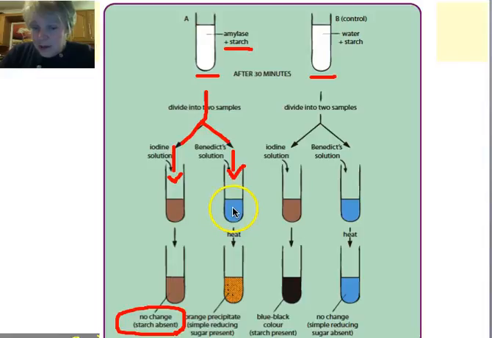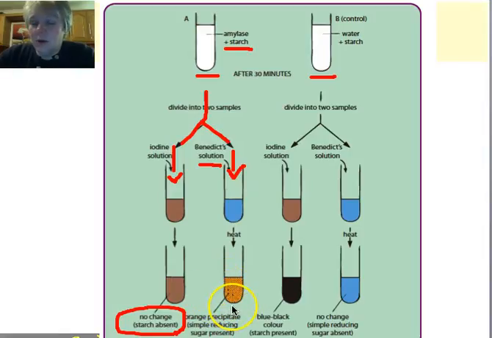In this experiment here though, it's using Benedict solution. Now Benedict solution tests for the presence of something called a reducing sugar. That's what maltose is. And Benedict solution is normally a blue colour, but if maltose is present, it will turn, well on here it's got an orange colour.